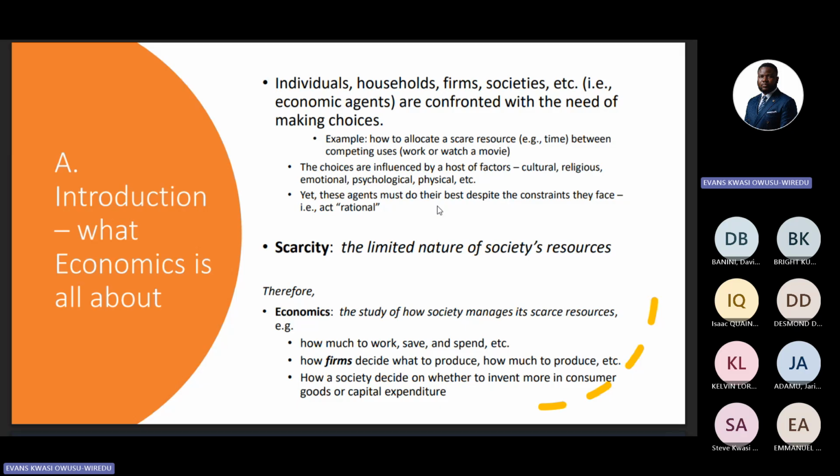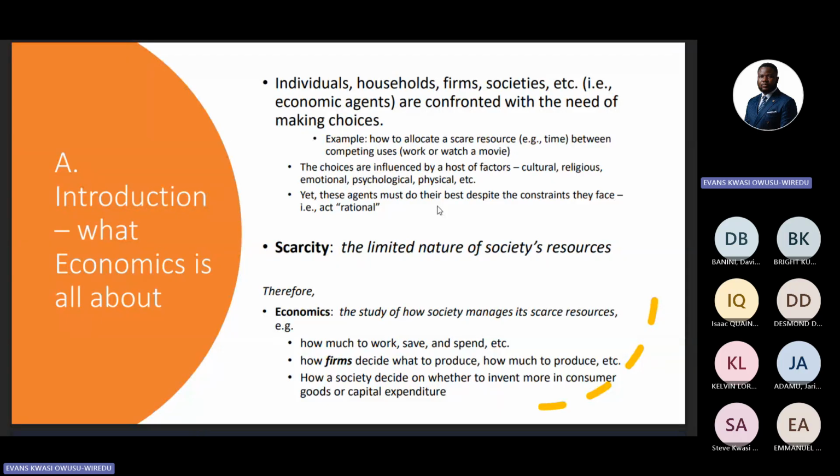So in summary, economics is simply the study of how we manage our small resources to meet our big needs. Using those scarce resources to achieve what we need, our big needs.